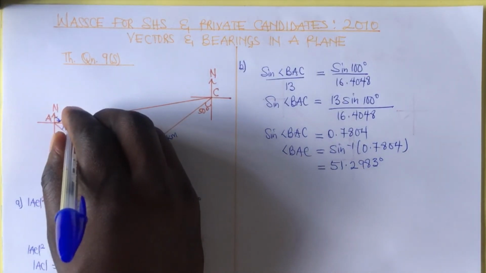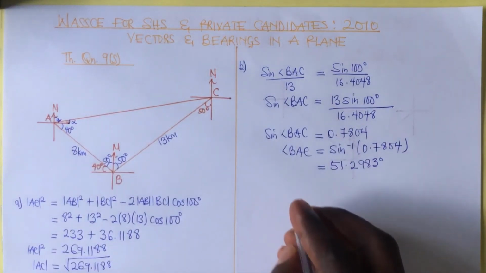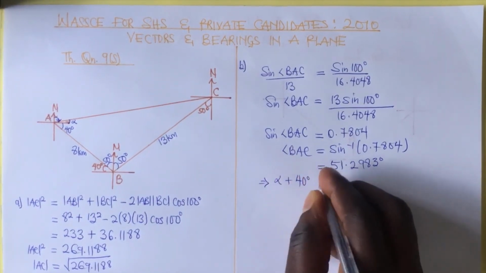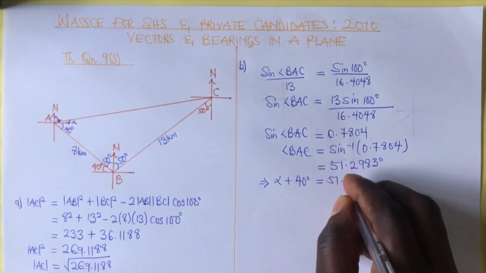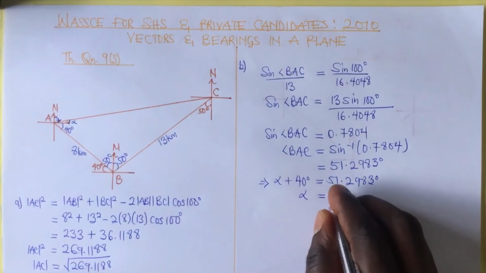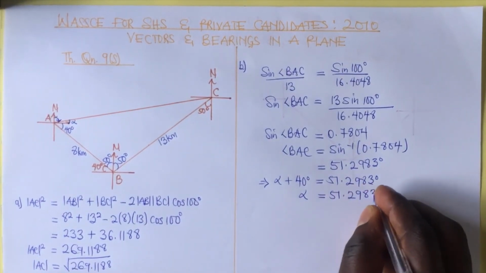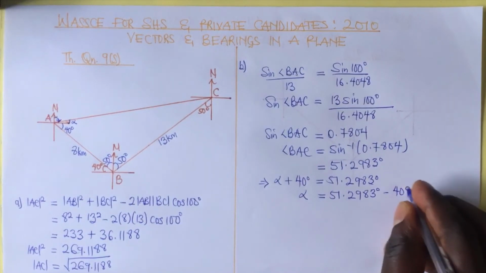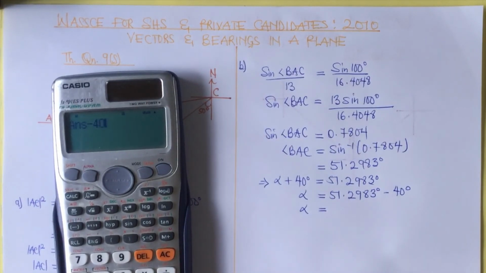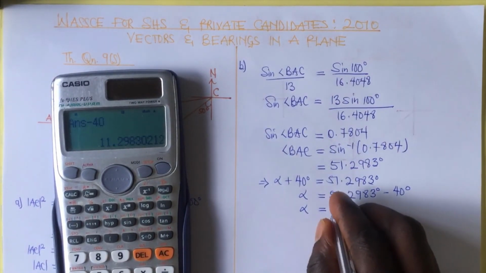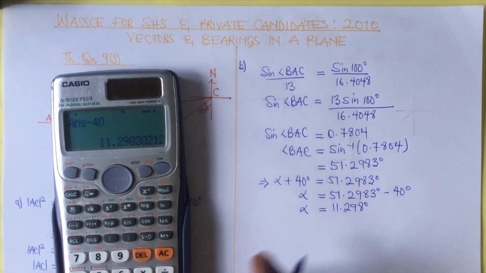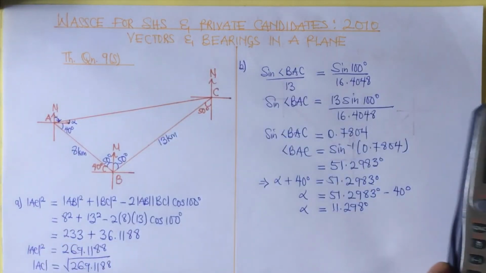So let me represent this with alpha. It implies that alpha plus 40 degrees is equal to 51.2983 degrees. So our alpha is equal to 51.2983 degrees minus 40 degrees, and we are getting 11.298 degrees for alpha. Now we have that value.